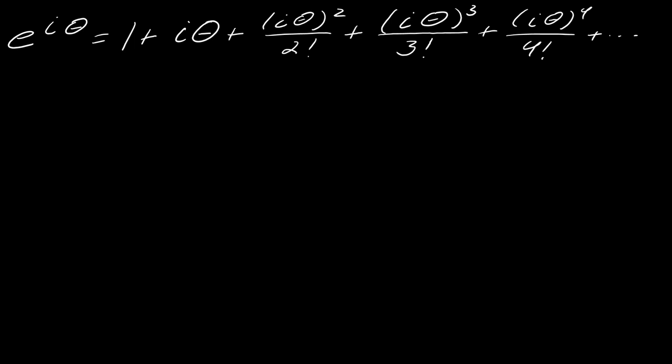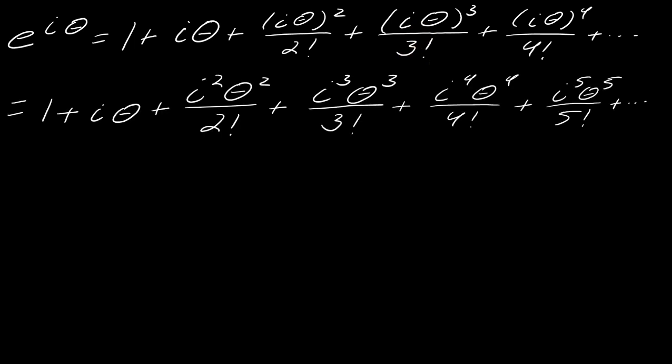And what we want to do is think about what is actually happening with this. So I've got 1, i theta, i theta squared over 2 factorial, i theta cubed over 3 factorial. If I expand this, look at what ends up happening. I have 1 plus i theta plus i squared theta squared over 2 factorial, i cubed theta cubed over 3 factorial, and so on.